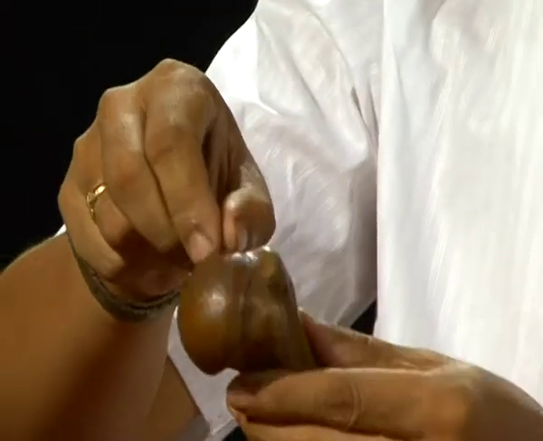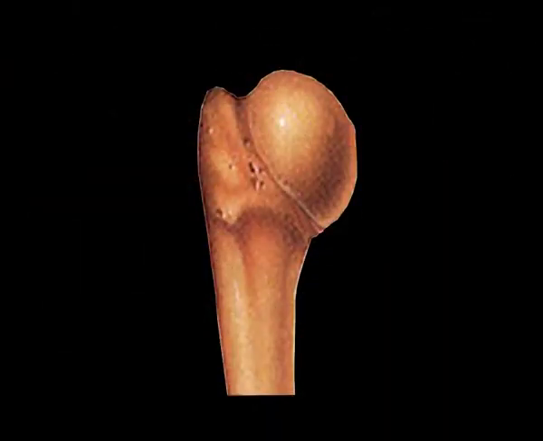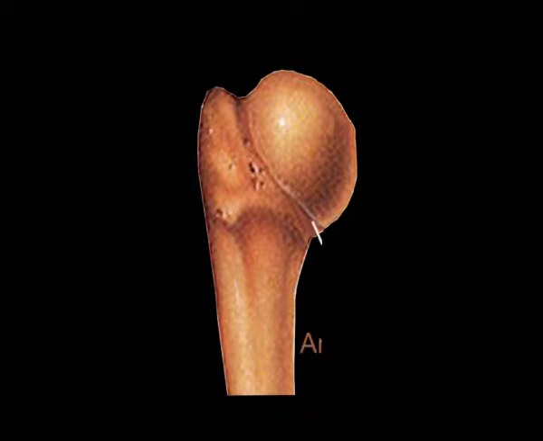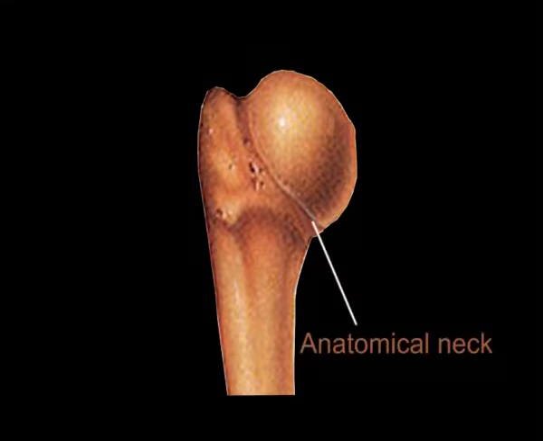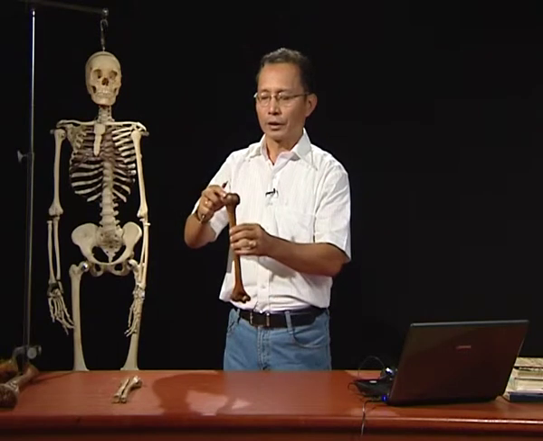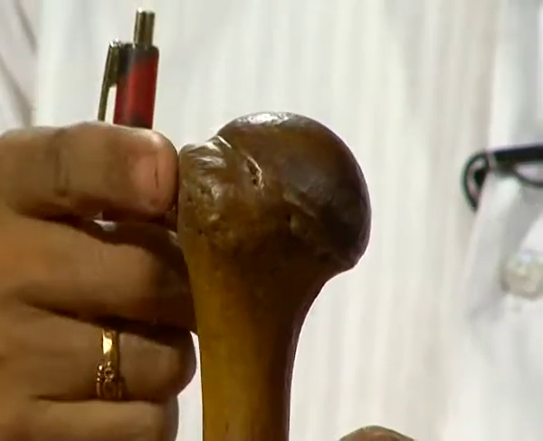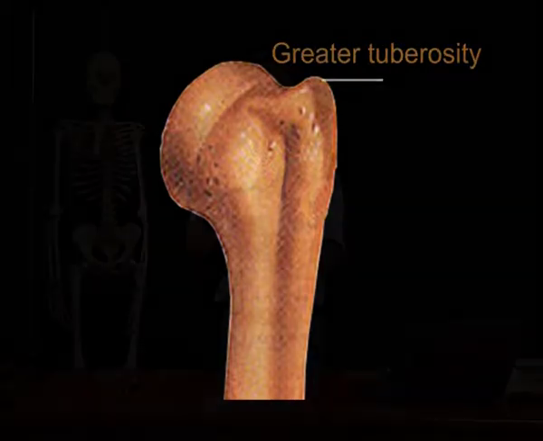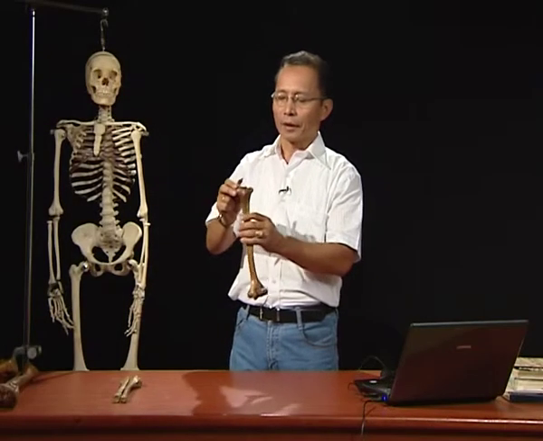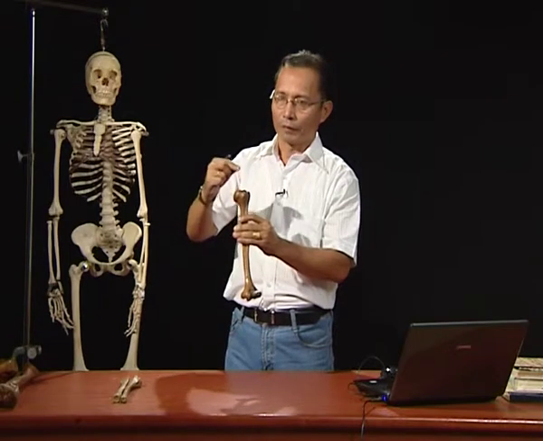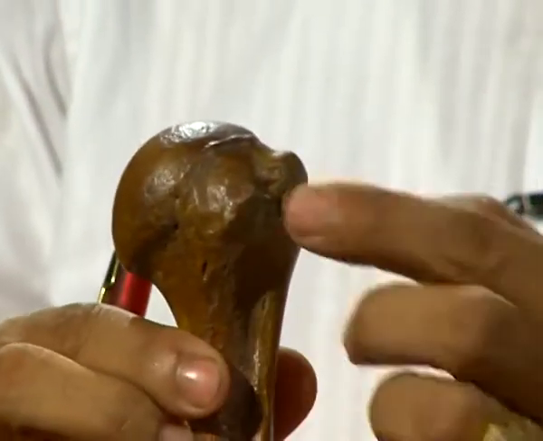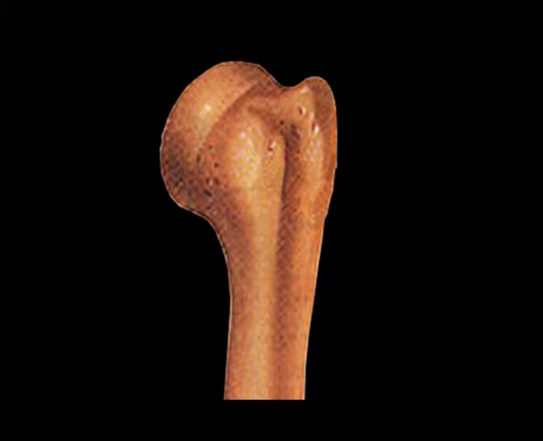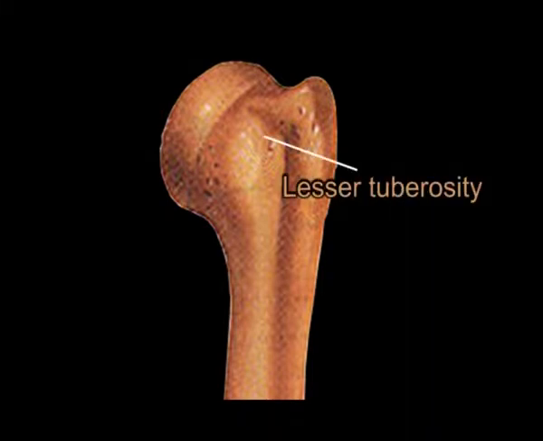This constriction is what we call anatomical neck. And just on the opposite side of the head, we have a tuberosity, and this is called greater tuberosity. And just in front of the head, there is again a smaller tuberosity, and this is called lesser tuberosity.